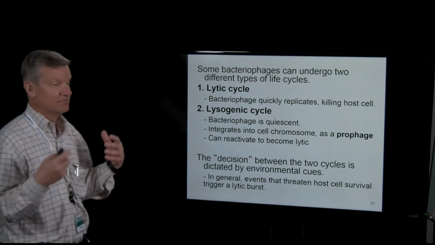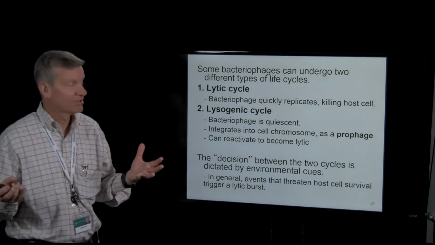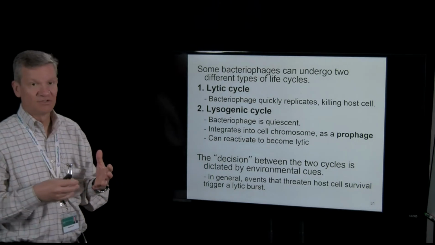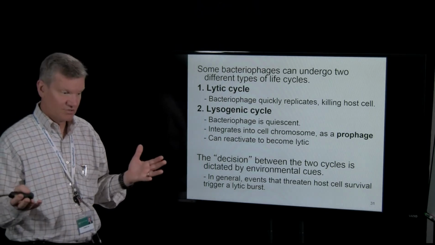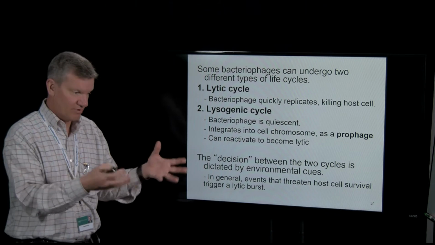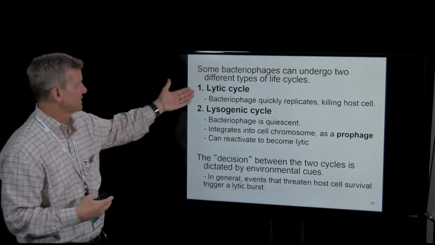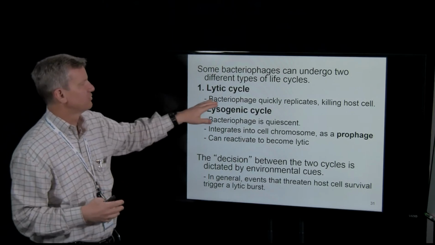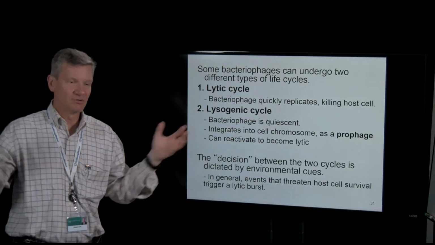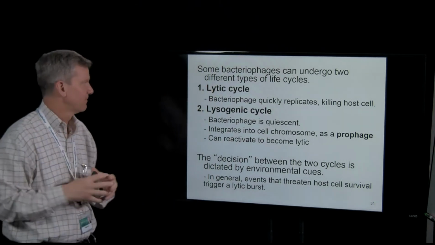And then once the viral DNA is inside the bacteria, it decides, depending on the conditions of the bacterial culture or wherever the bacteria are living, it can enter a lytic cycle where the bacteriophage replicates quickly and kills the host cell. Usually it bursts out of the host cell.